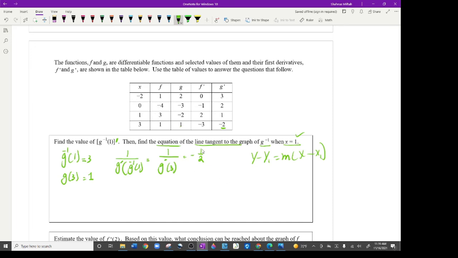So I got the slope done. I already have an x value, which is 1. How do I get the y value for the inverse? You already know the y value for the inverse is 3. Yes or no? Yeah, it was already there. We did it. So I got y minus 3 equals negative half times x minus 1. And here is the tangent equation for the inverse of g.